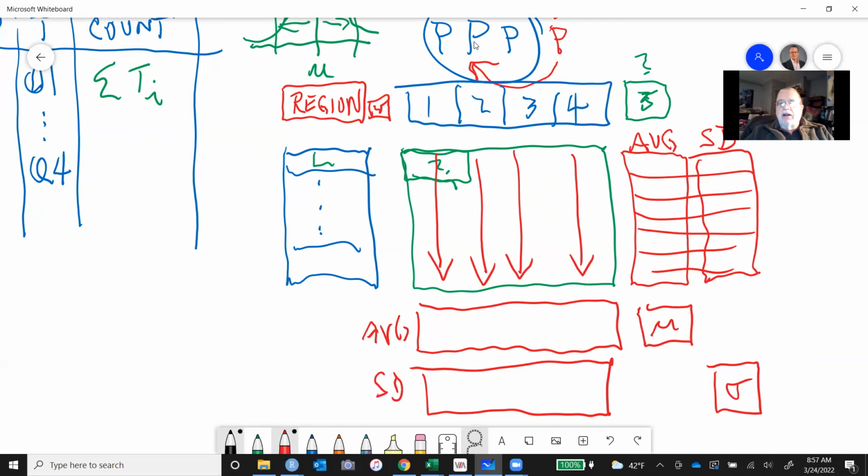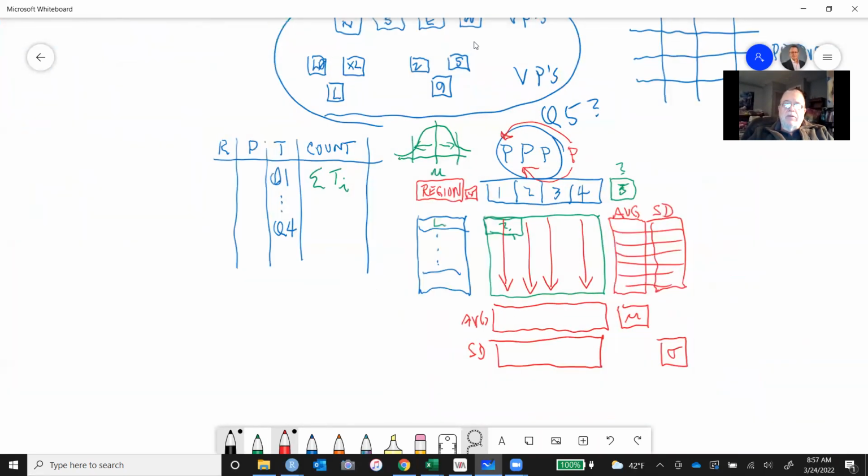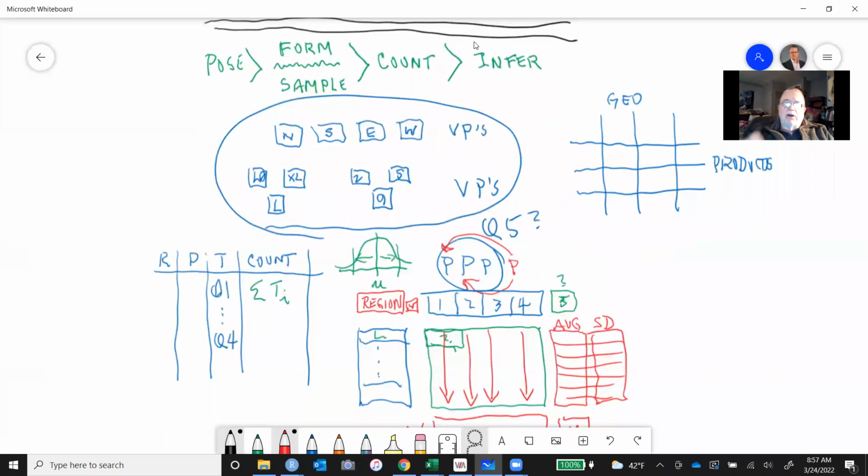So that's the basic setup. We have a sample that should be able to get at pieces, maybe not all the pieces, of how we might forecast. Again, we don't have price. We don't have promotion.